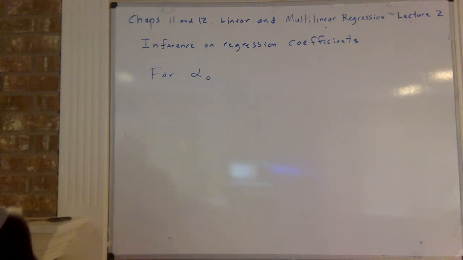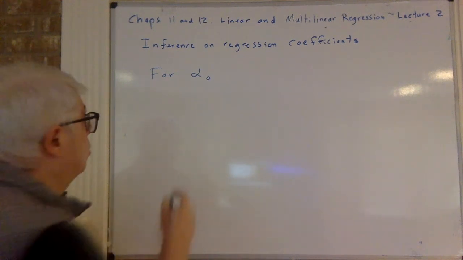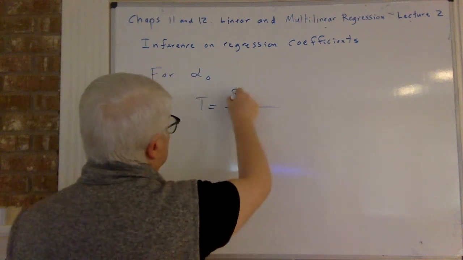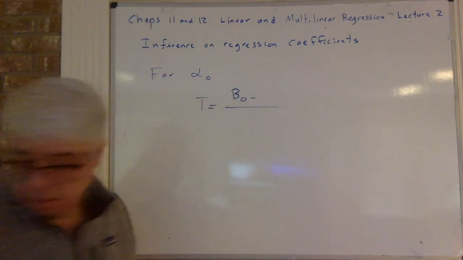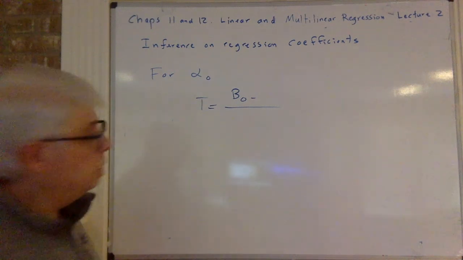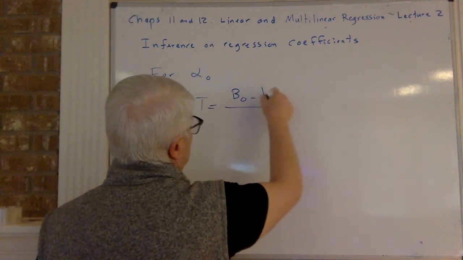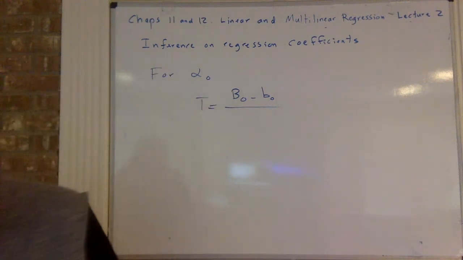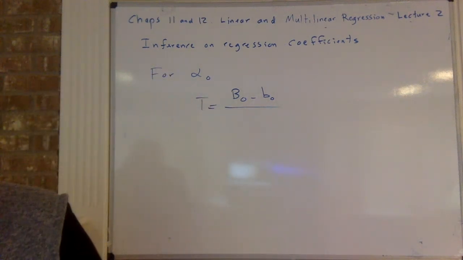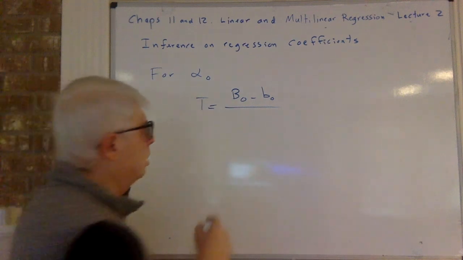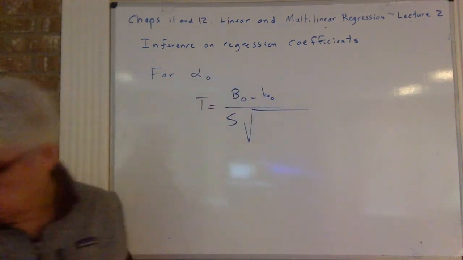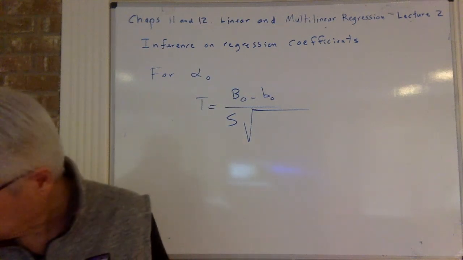So the T is this. For alpha 0, we have T is b0 that we found, so this is what we calculated, over s times the square root of something, the sum of xi squared.